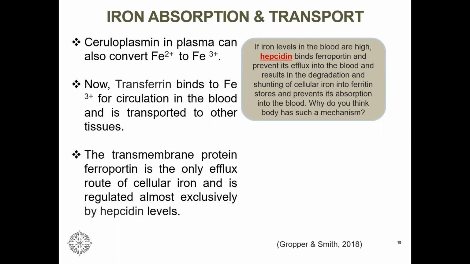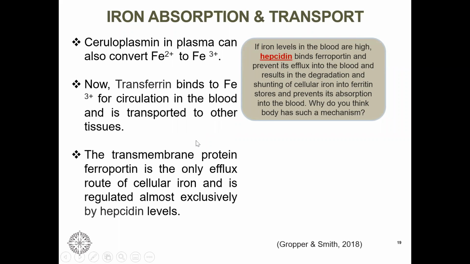And it stays there, but it does not come into the blood because already there is too much iron. It can harm the cells. So ferroportin is degenerated. However, the reverse happens.